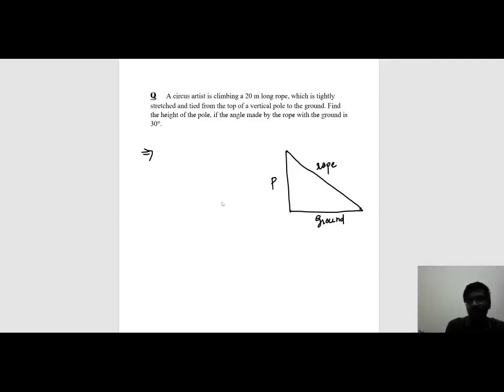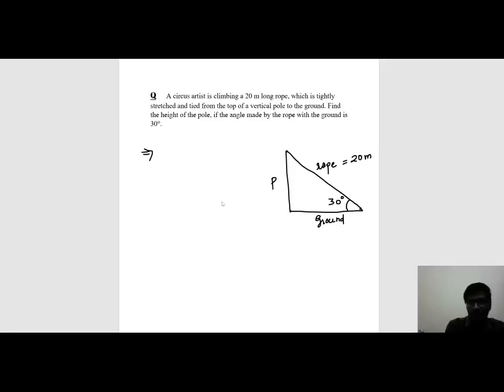The length of the rope is given as 20 meters. One more piece of information from the question is that the angle made by the rope with the ground is 30 degrees. This is your rope, this is your ground, and the angle between them is 30 degrees. Now see what they're asking: find the height of the pole.